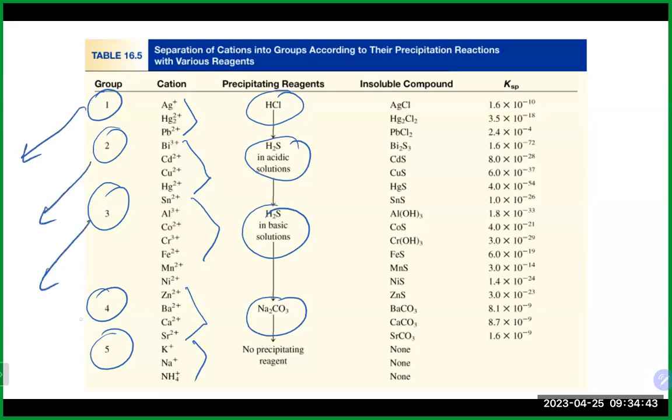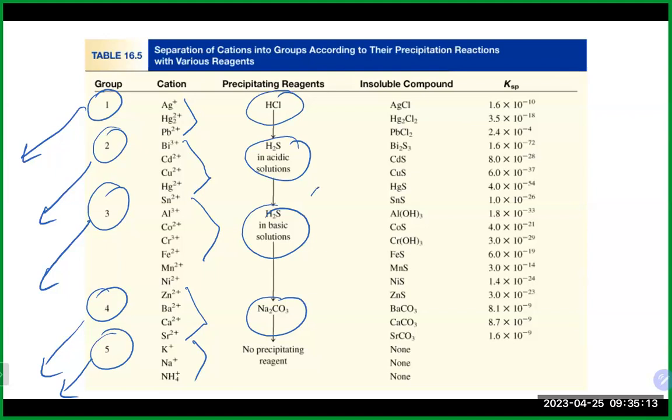So if you had a mixture of all these groups together in a test tube, and these would just be ions floating around in a test tube, you could add hydrochloric acid, which is a source of chloride, and that will take out all the group 1 ions as solids, and everybody else will still be floating around as ions. And then if you wanted to, you could use hydrogen sulfide gas, which is not so great, in really acidic conditions like 0.5 pH, and you could get all those to come out as sulfides.